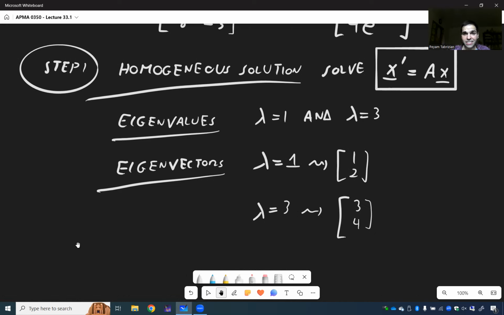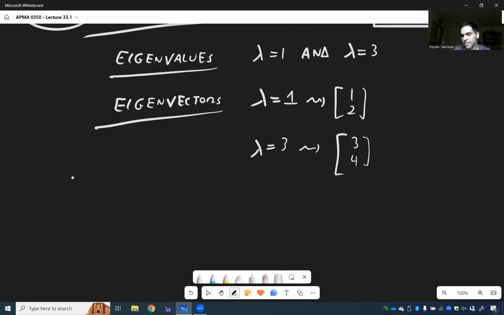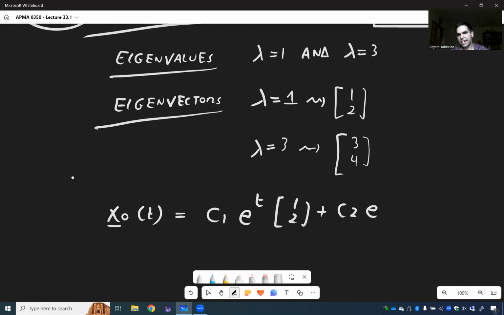All right, and in this case, what is our homogeneous solution? So you write this as x naught of t. Well, it's C1 e to the first eigenvalue t times first eigenvector plus C2 e to the second eigenvalue t, so e to the 3t times second eigenvector. And we will need to write this in terms of vectors now.